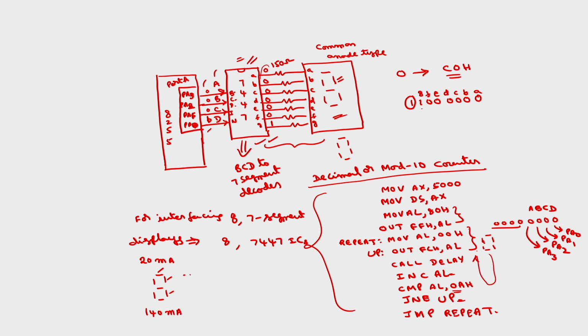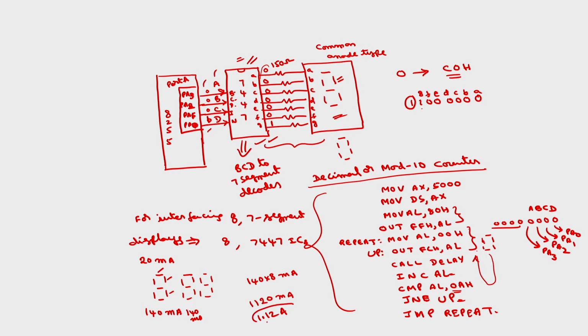If I use 8 such displays, what is the total current? This is 140, this is 140 milliamps and so on. So the total will be 140 into 8 milliamps, which is of the order of 1120 milliamps or 1.12 amps.